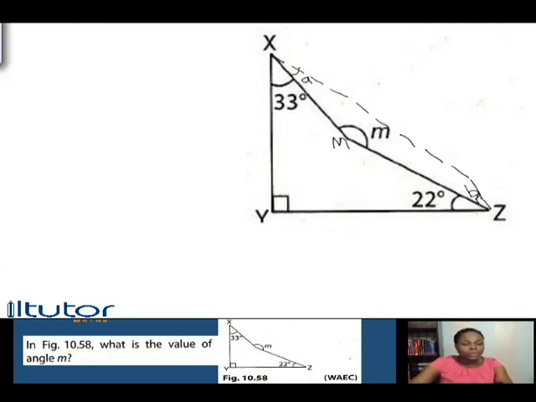So as you can see, we're having two triangles here: triangle XYZ and triangle XMZ.